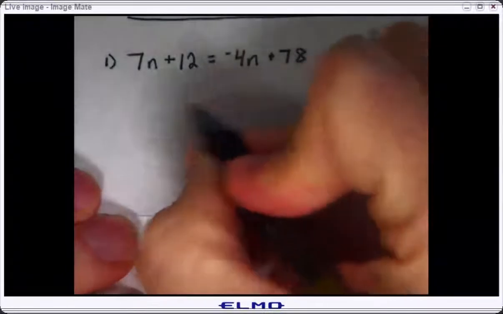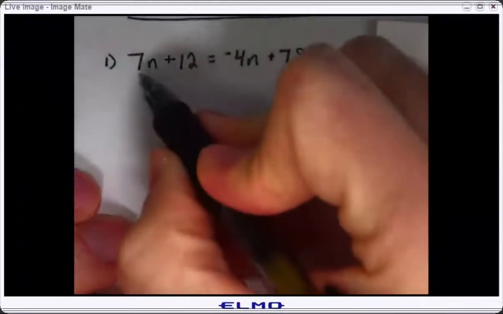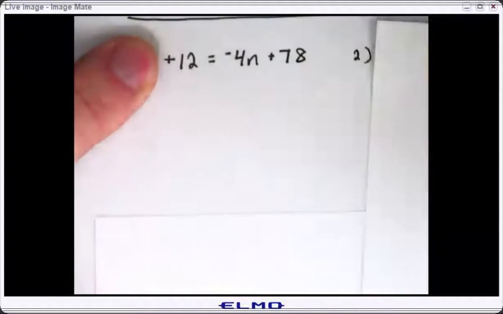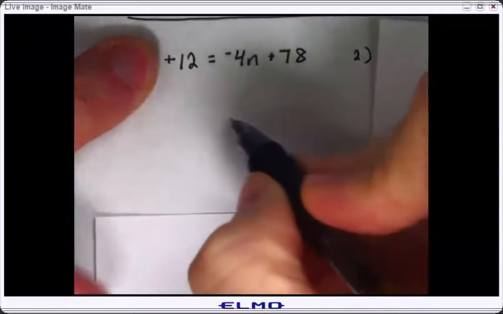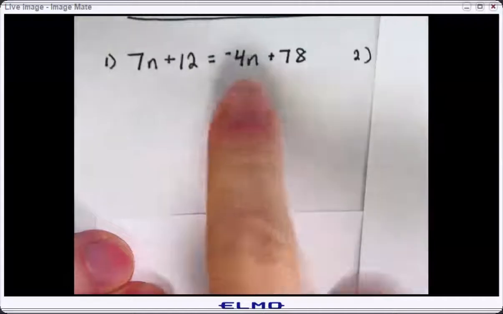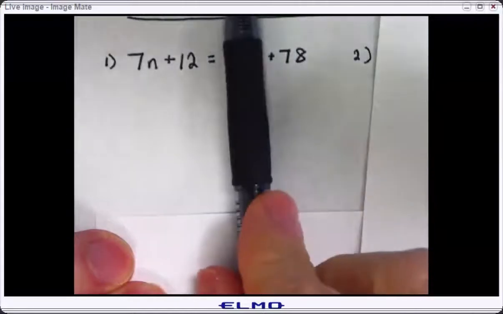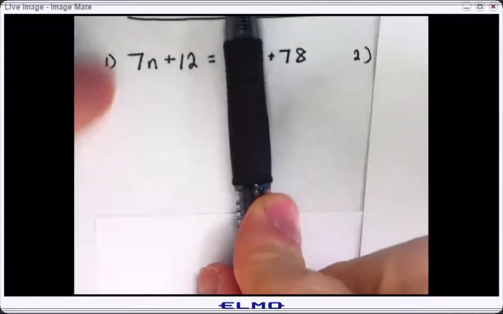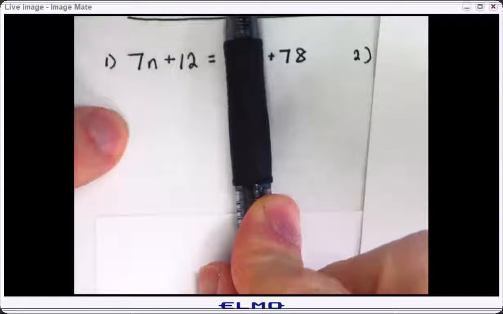Now, I get to choose which side I want to put it on. I could subtract 7n from both sides to make it go away here, but that would give me negative 11n on the right. Or I could get rid of this negative 4n by adding 4n to both sides. 7 plus 4 would give me positive 11n on the left.